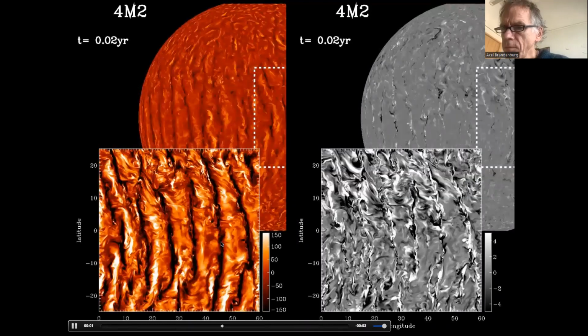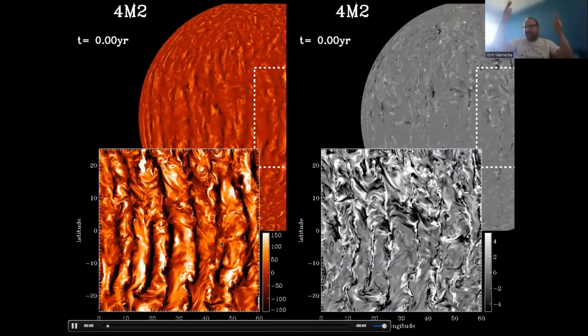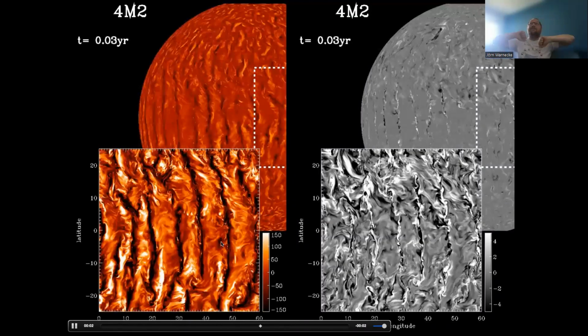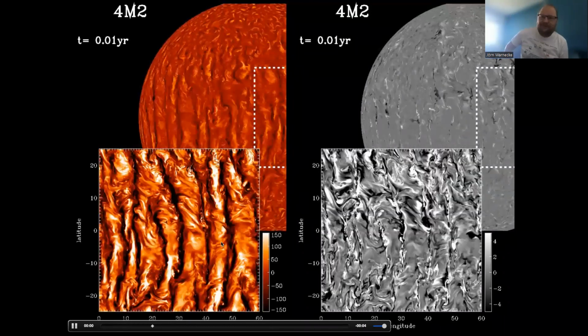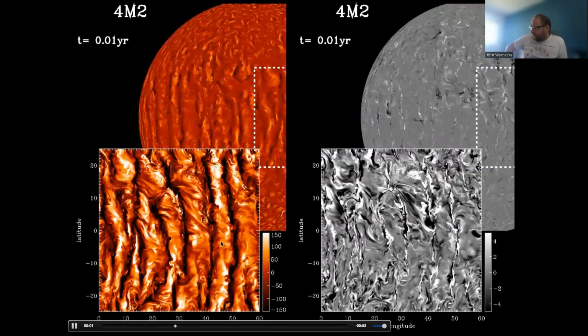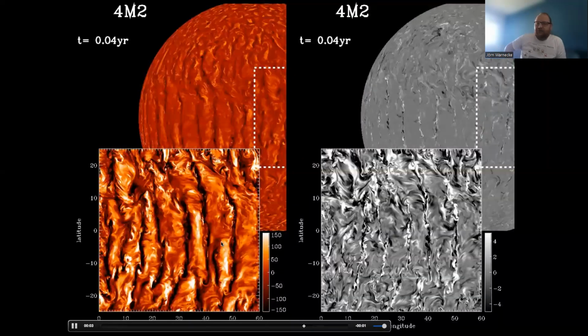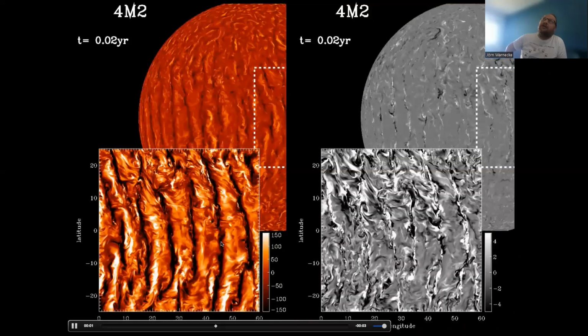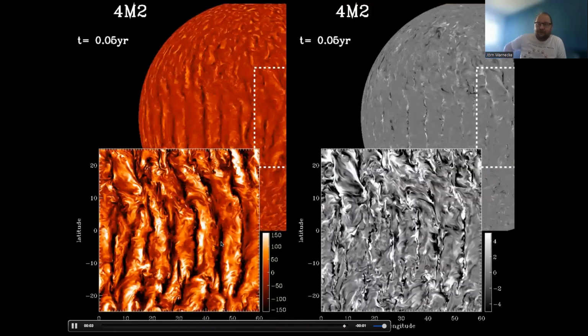So I use only, at the latitudinal boundaries, a bit higher diffusivity, and only in some of the hydro runs I use the slope-limited diffusion on the flow.